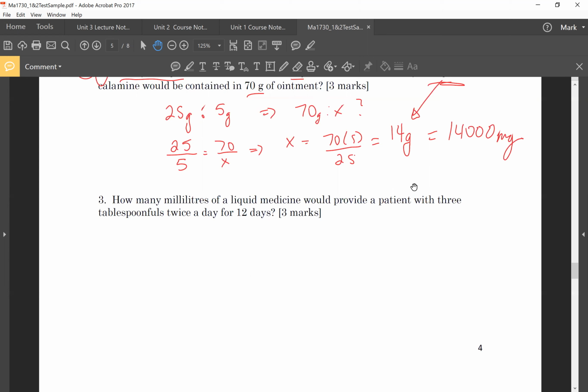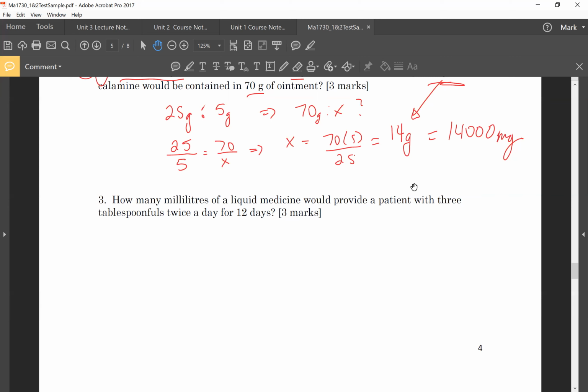This is a very old kind of measurement, but very common for a home liquid medicine. So we're trying to figure out how much medicine we would need if they're going to take this dose 2 times a day for 12 days, and every dose that they take is 3 tablespoons.